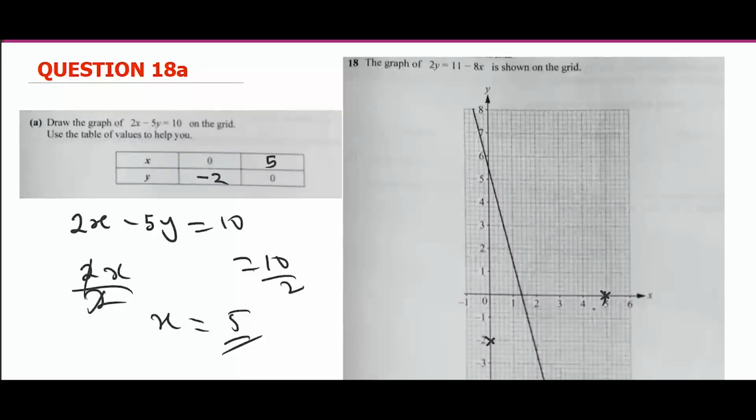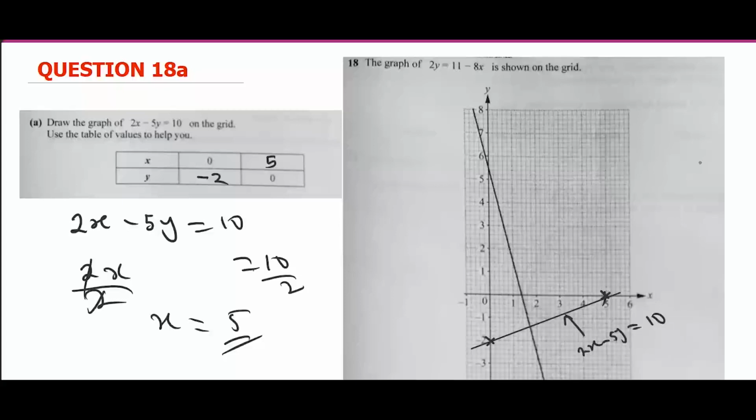So we need to join the 2 points together, and that will be the graph of 2x minus 5y equals 10. So this graph here will be the graph of 2x minus 5y equals 10. So that will be the graph of that line.